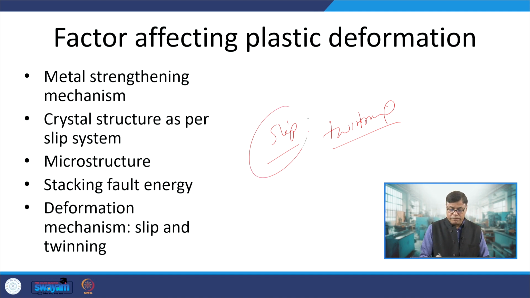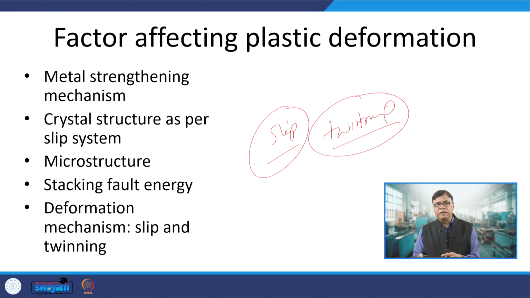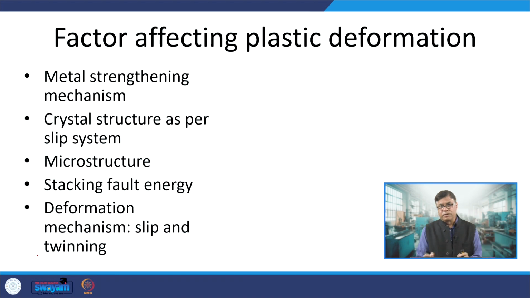Depending upon the temperature and the rate of deformation, the two will be active during the deformation. Now, in real practical applications, whenever a metal is deformed, both slip and twinning contribute towards the deformation. A single mechanism does not always cause the plastic deformation alone, but both will be active.